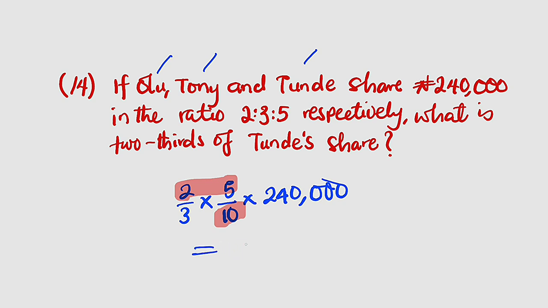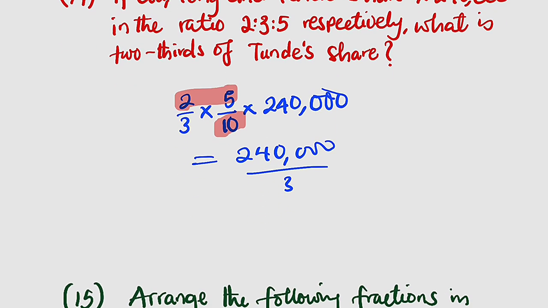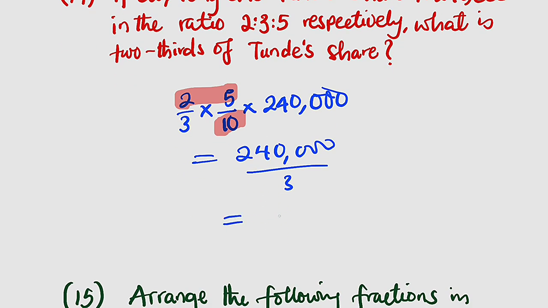All we have is 240,000 divided by 3. And 240,000 divided by 3 is exactly 80,000 naira. Therefore, 2/3 of Tunde's share is 80,000 naira.